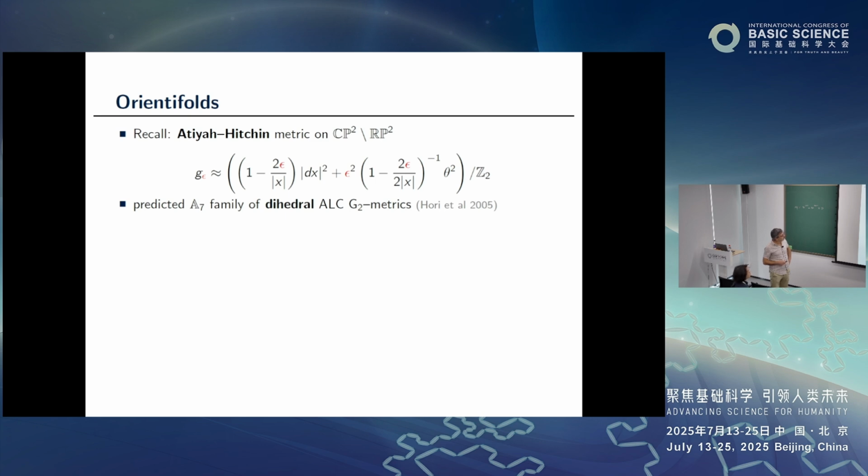The Atiyah-Hitchin metric is a hyperkähler metric that lives on CP2 minus RP2. It's not a circle bundle, but it is asymptotic with exponential decay to a Z2 quotient of a circle bundle over R3.